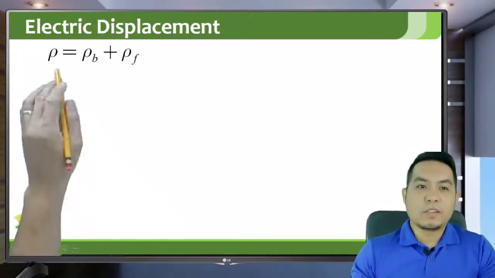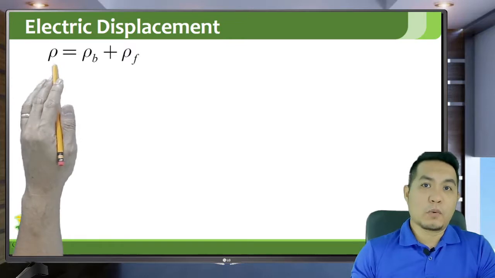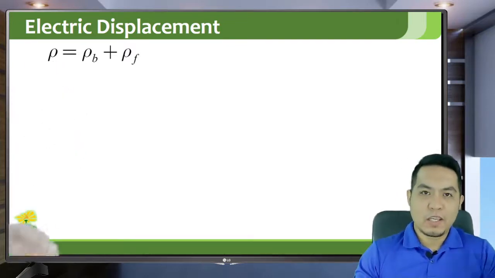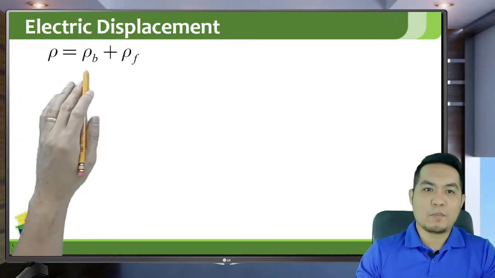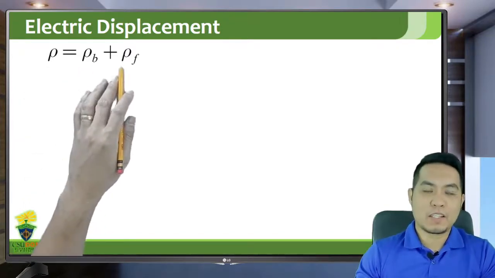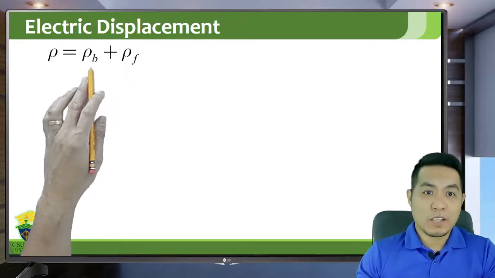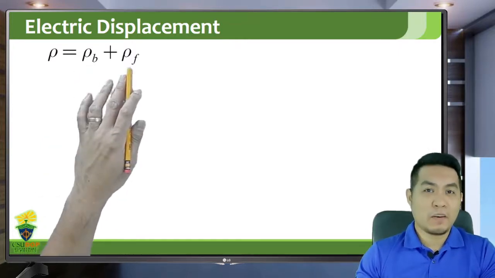So the volume charge density rho that we had in the previous chapters can actually be thought of as composed of bound charges plus free charges. Where do you get bound charges? You get bound charges from a polarized dielectric or a polarized insulator. And where do you get free charges?